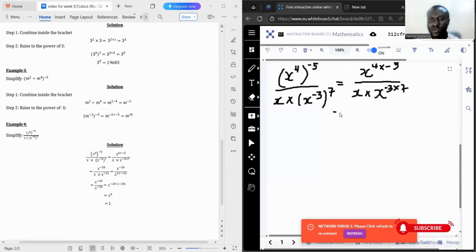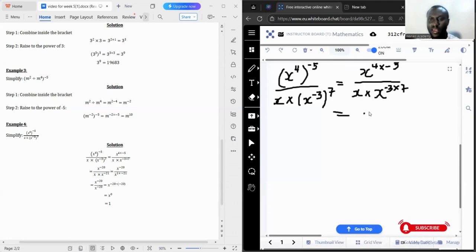Then with this, we can say x raised to power 4 multiplied by negative 5 makes it negative 20, over x multiplied by x raised to power negative 3 times 7, which makes it negative 21.